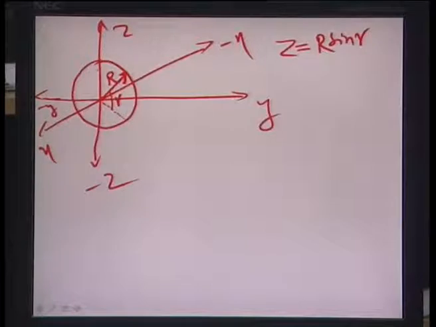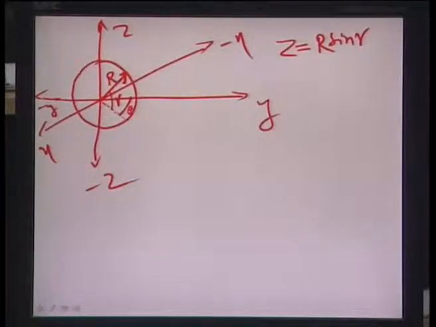So what happens to the x and y value? Let us further assume that the projection of the r vector on the xy plane is at an angle theta with respect to the y coordinate.